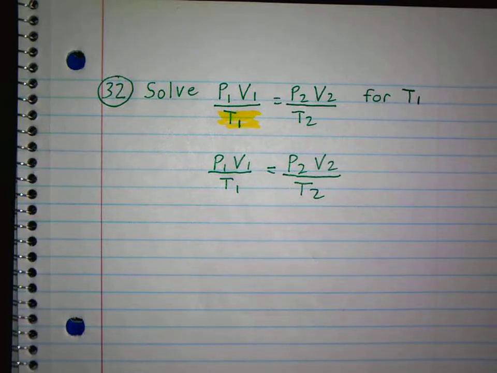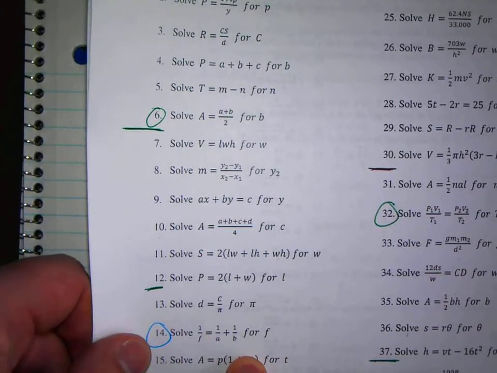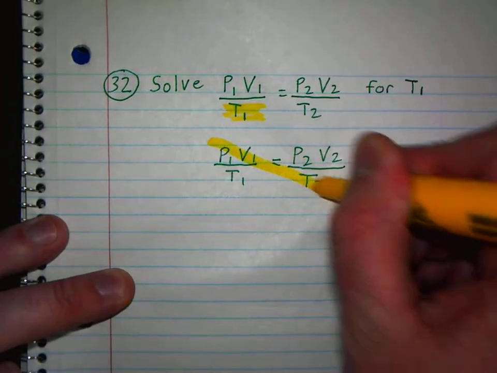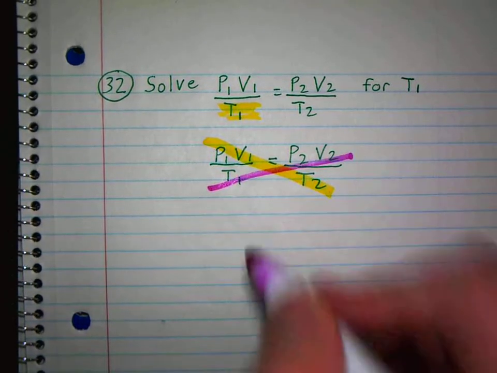Like 14? You can't cross multiply 14 because it's one fraction equal to two fractions. So cross multiplication says you could take these and set them equal to these. Right?